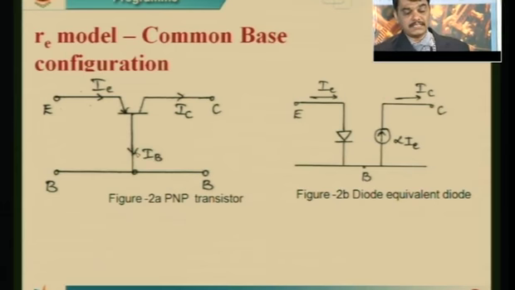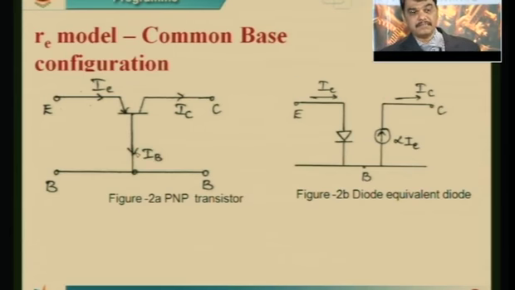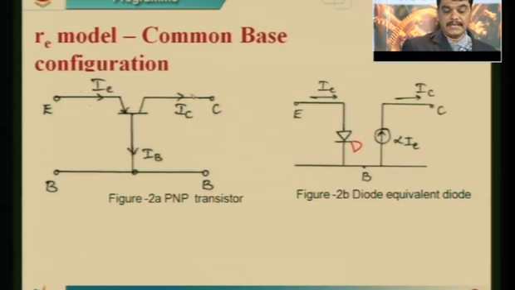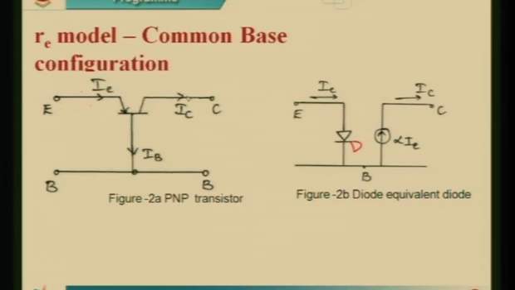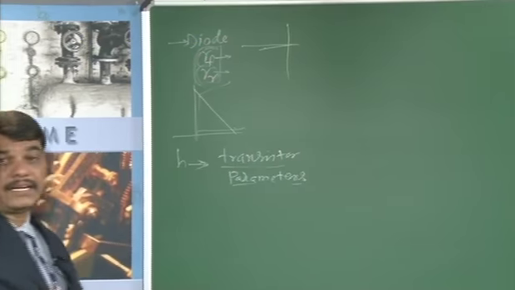When the transistor is in the active region, the emitter base junction is always forward biased and the collector base junction is always reverse biased. When the emitter base junction is forward biased, it can be replaced with a diode D as shown in figure 2b. When the collector base junction is reverse biased, the current flowing through it is constant until breakdown.